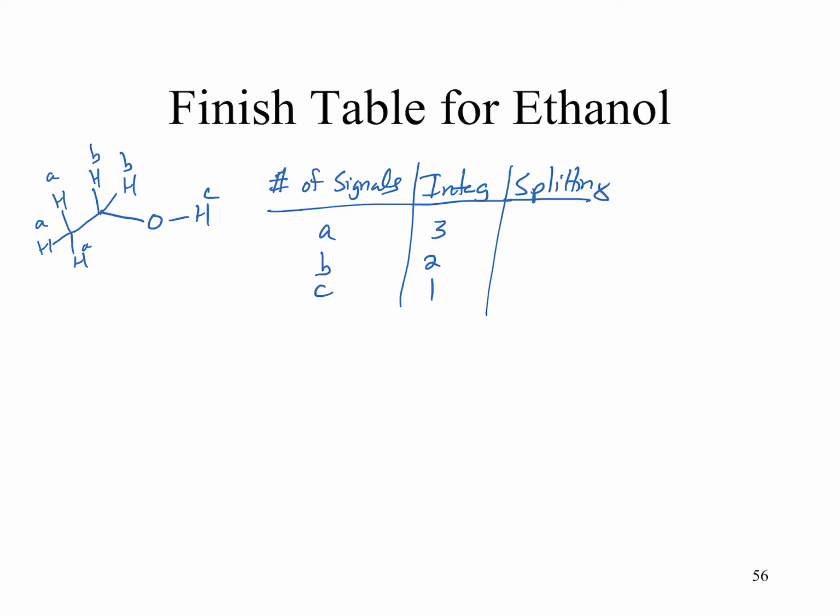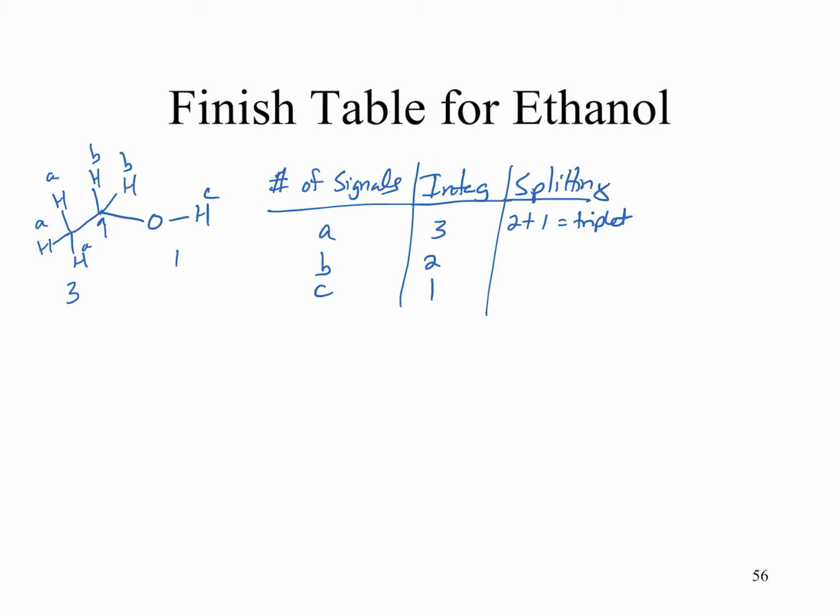And if we look at HA, we say, okay, well, these hydrogens live at this house. The neighboring house right here has 2 that are different from itself. So 2 plus 1, that is a triplet. Now, if we look at B, we say, okay, on this side over here, there's 3 HAs, so that's 3 there, and then there's 1 HC.